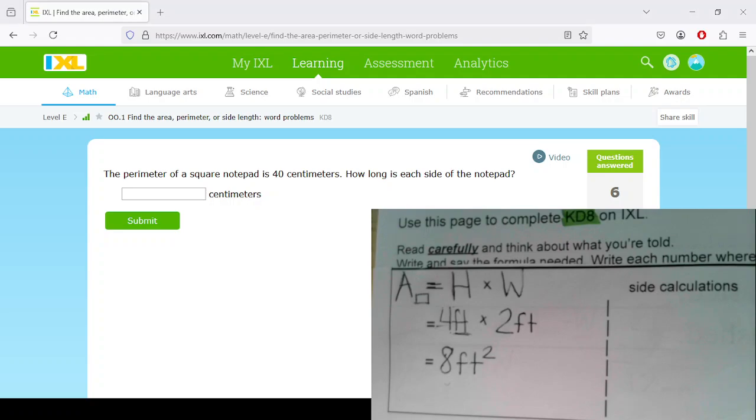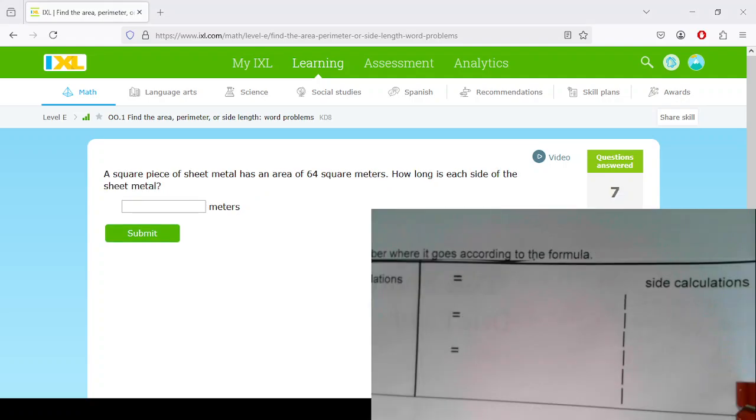Going to do another example with area. So now, in this example, my actual question is, how long is each side of the sheet metal? So I am not asked about the total area, and I am not asked about the total perimeter. I'm asked to find the length of each side of the sheet metal.